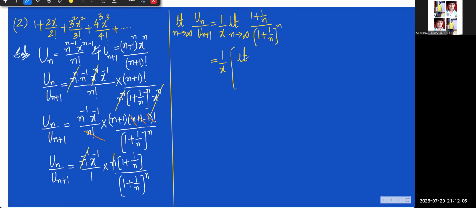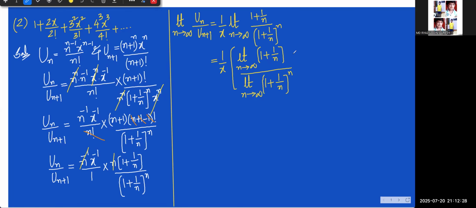Limit will go to the numerator, limit n tends to infinity 1 plus 1 by n, and moreover, limit will go to the denominator also. This is divided by limit n tends to infinity 1 plus 1 by n raised to the power of n.